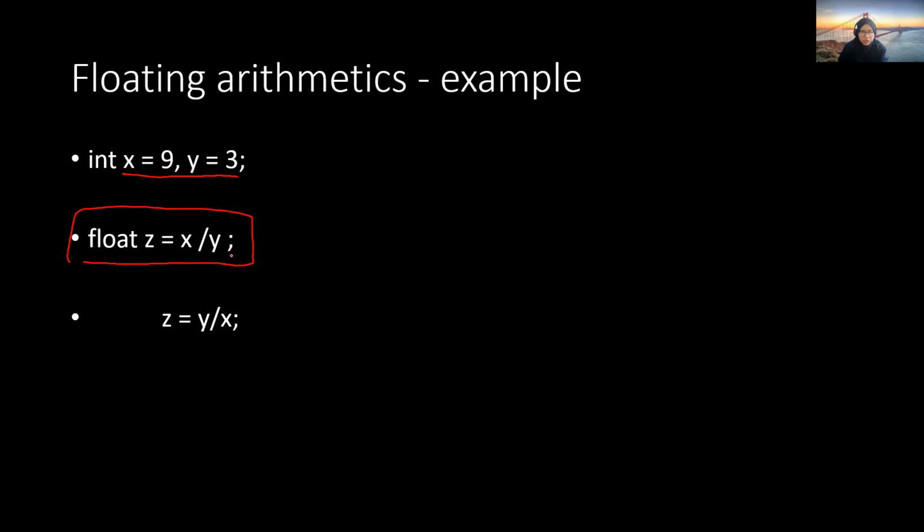Now, if I change y to 4, what's the value of z? 9 and 4 are integers, but z is a float. 2.25.